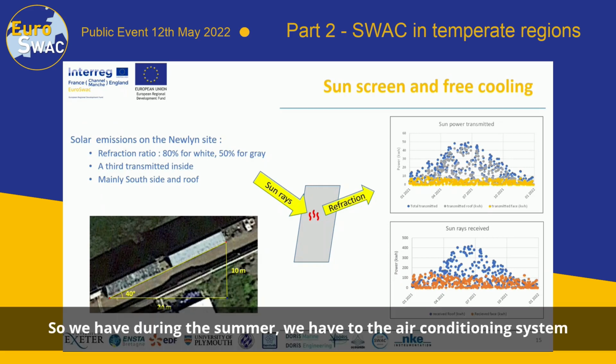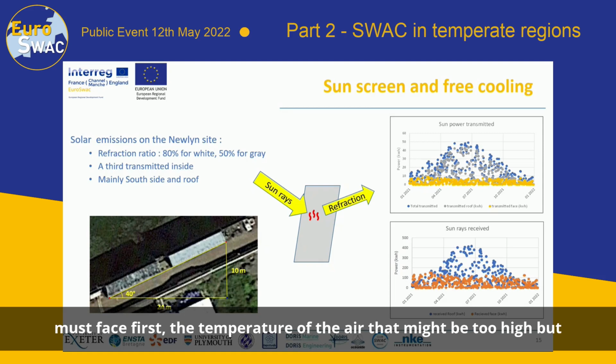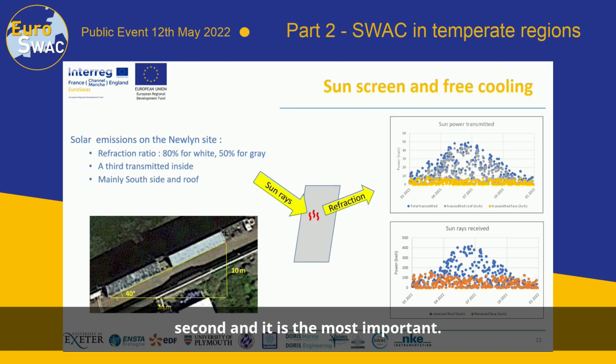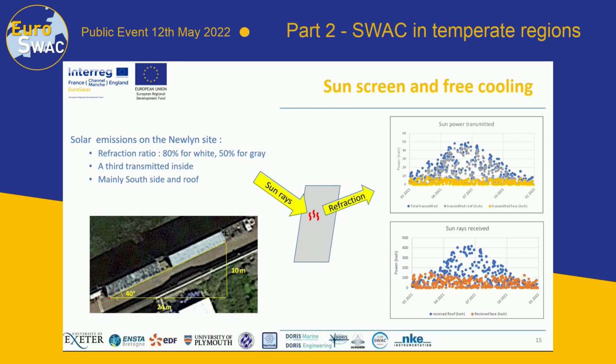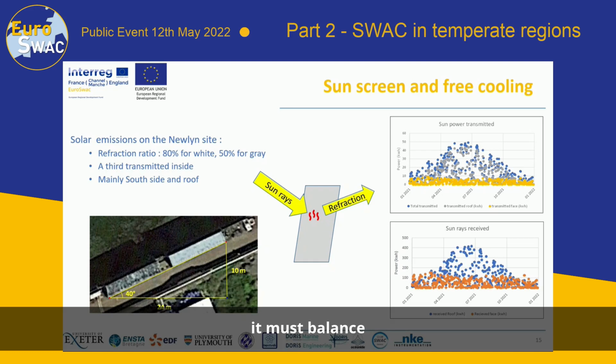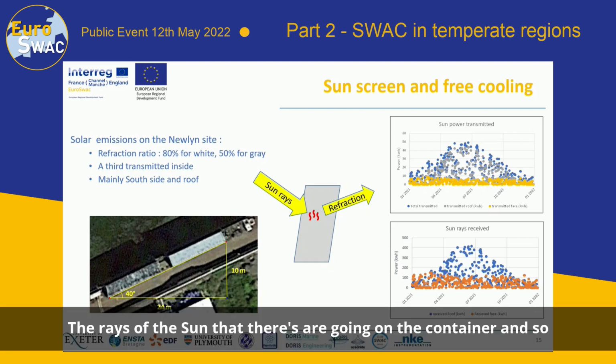So during the summer, the air conditioning system must face first the temperature of the air that might be too high, but second, and this is the most important, it must balance the rays of the sun that are going on the container.